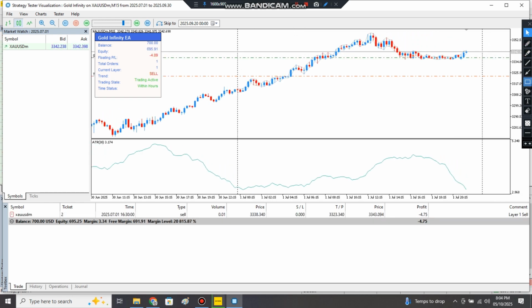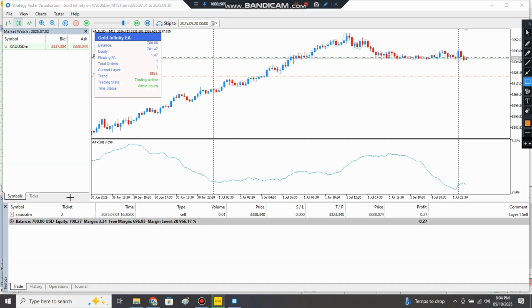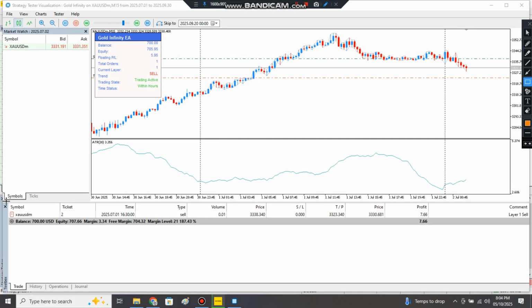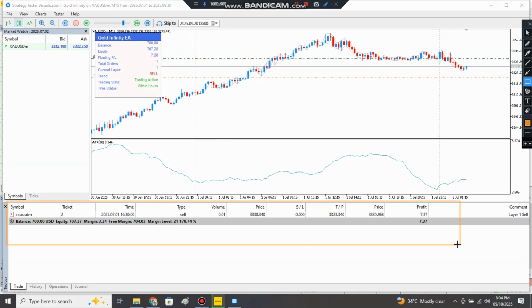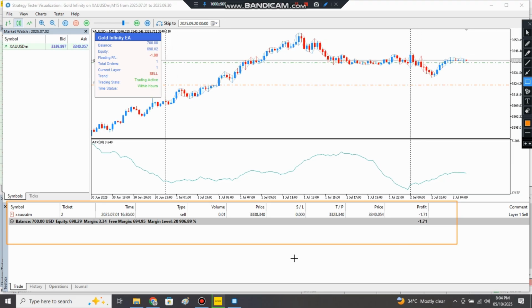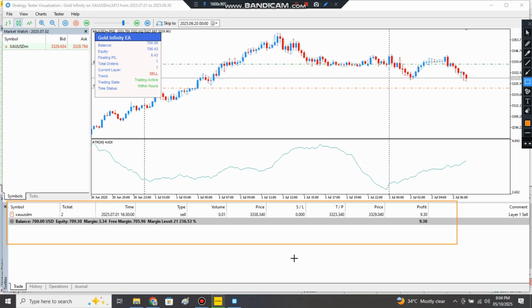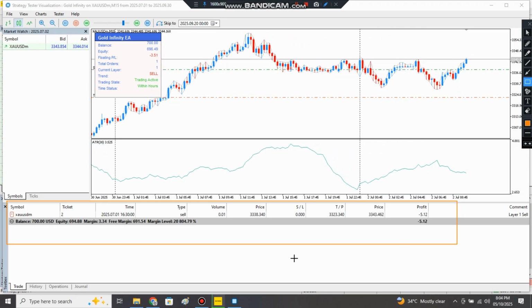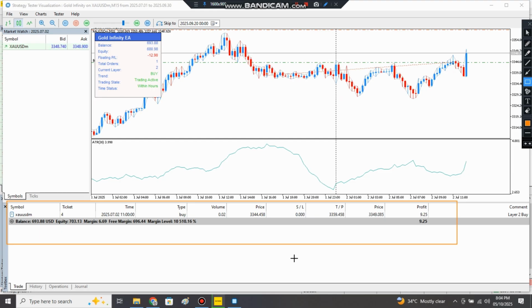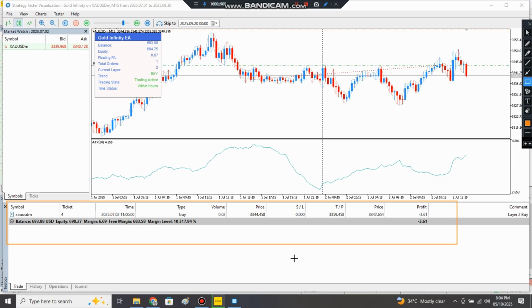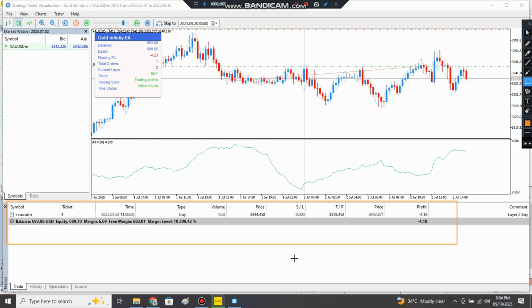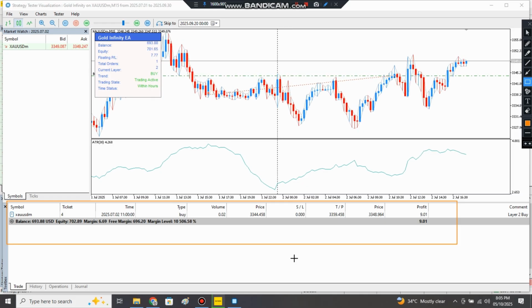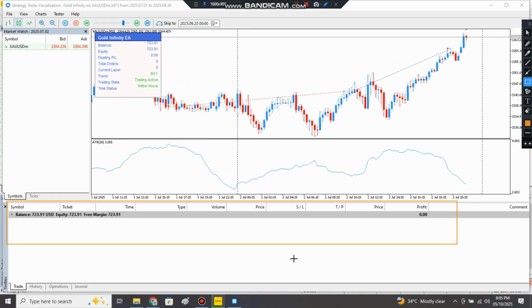One of the best things about Gold Infinity is that it adapts automatically. You don't need to adjust anything during high-impact news events like non-farm payroll, NFP, CPI, or FOMC announcements. The EA manages risk and positioning intelligently, so even in high volatility, your trades remain under control.